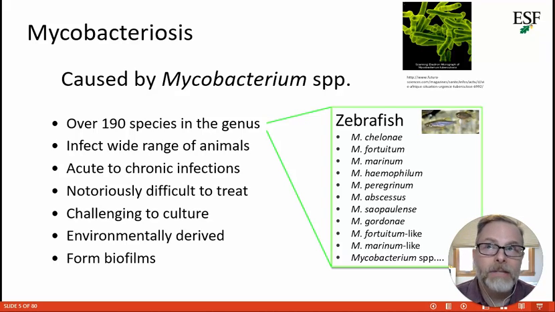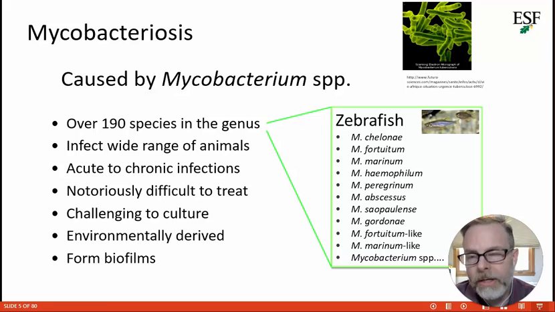The kinds of infections, so Mycobacteriosis, the disease, can range from acute to chronic disease, so more quick-acting to these long-term smoldering type infections. They're difficult to treat, whichever ones we're talking about, humans or other animals. Difficult to treat from an antibiotic perspective. And then just working with them is challenging. Some of these are difficult to grow on, say, a culture plate. Some of them take weeks to grow on a culture plate, so not as easy as some other bacterial systems.